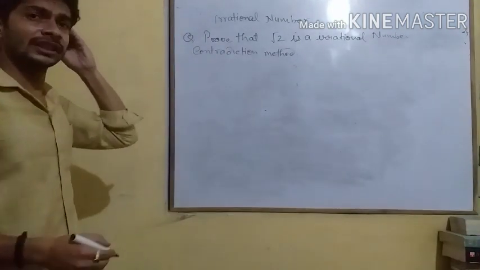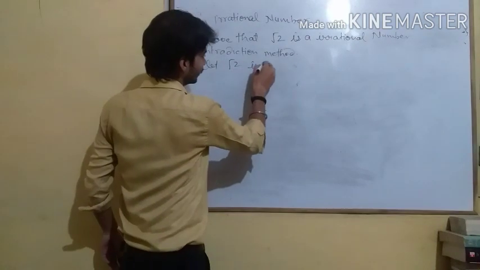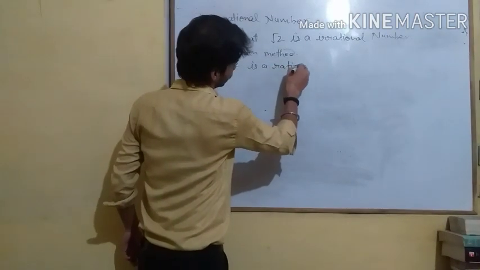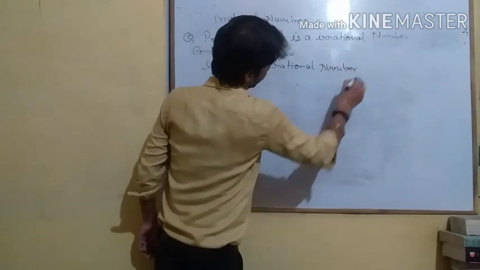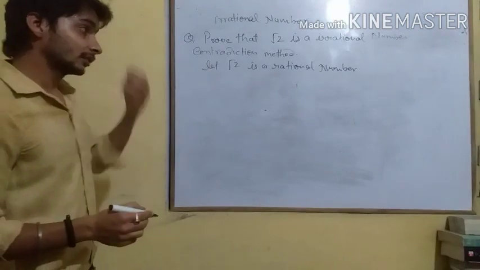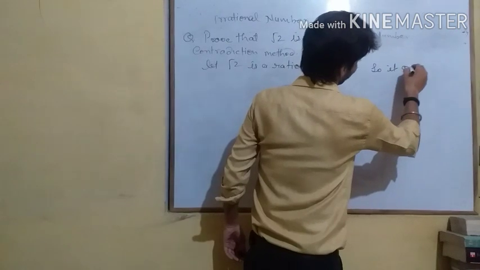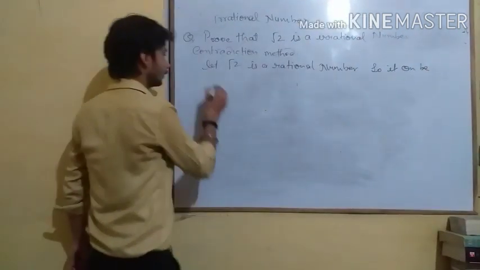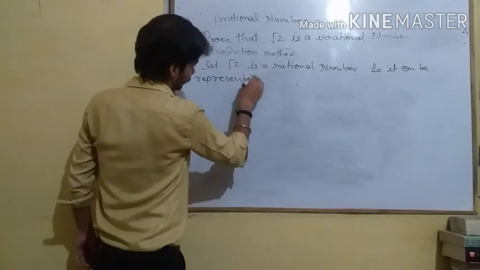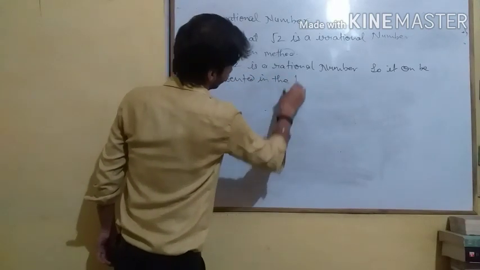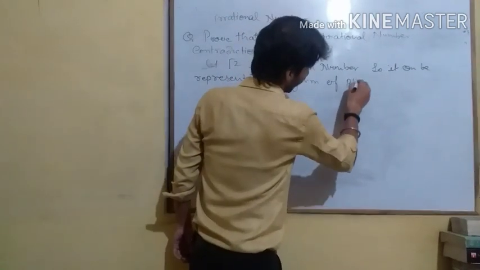Let root 2 be a rational number, and it can be represented in the form of P upon Q.